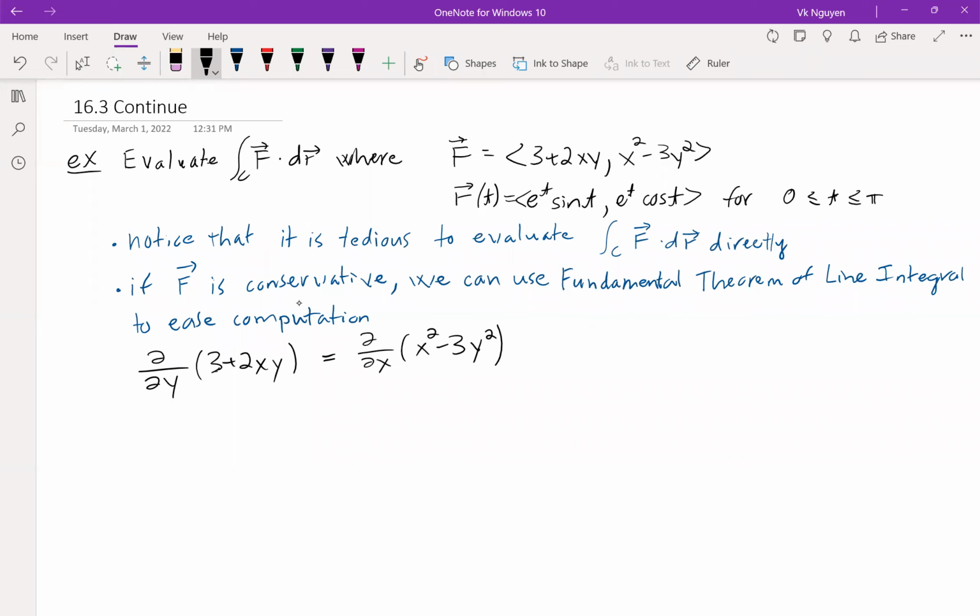So what do we have? We have 2x equal to 2x. Yes, F is conservative. And the cool thing about conservative is that you don't have to go through the integration.